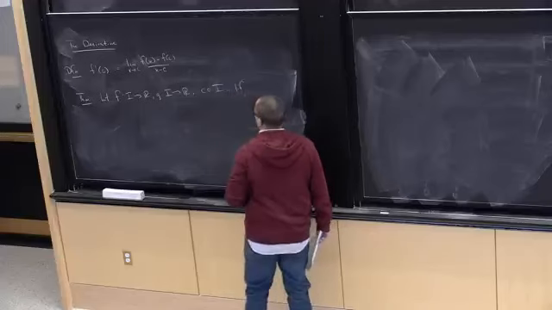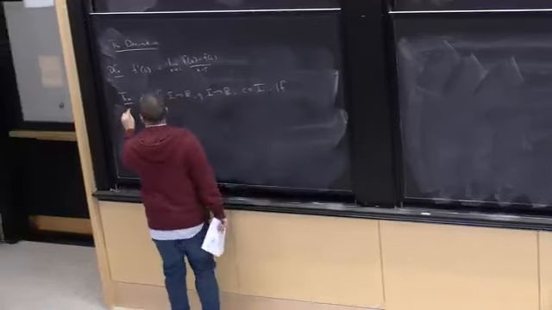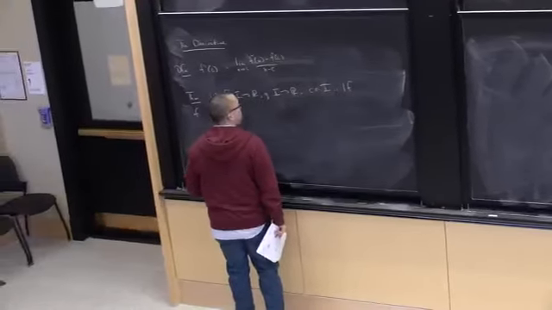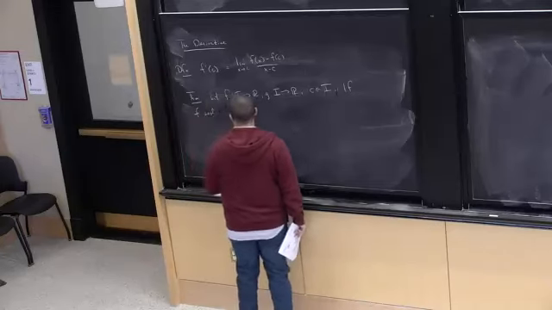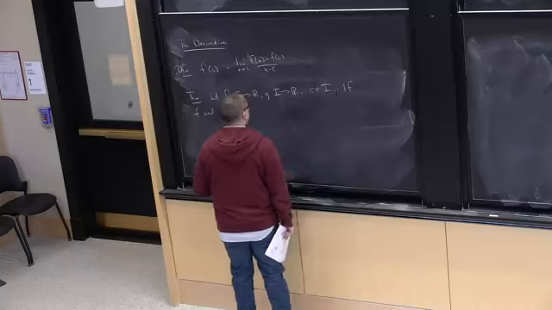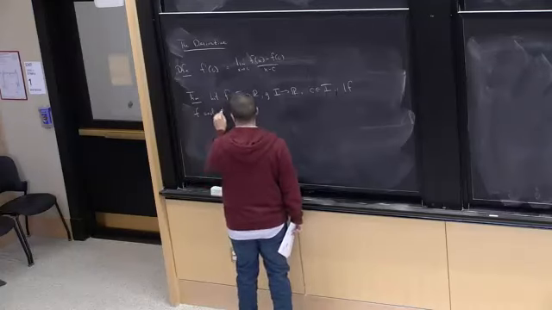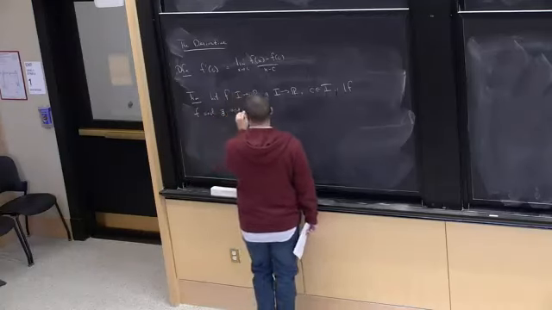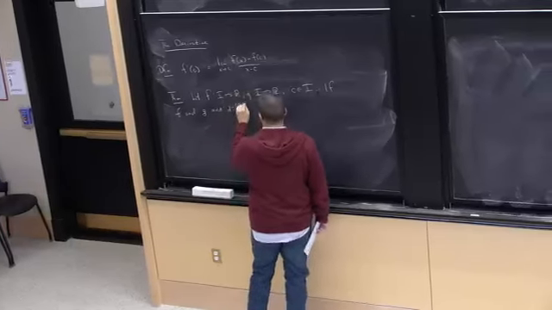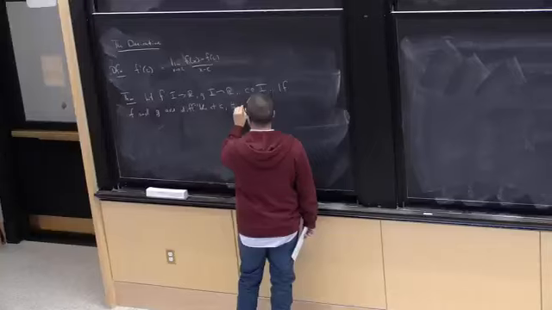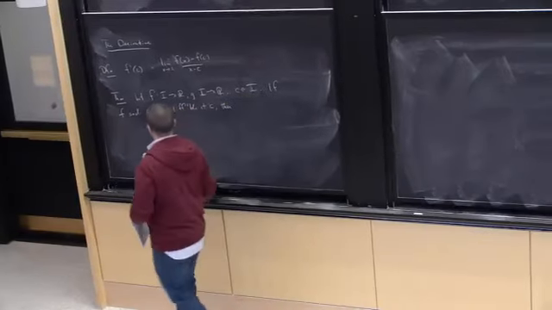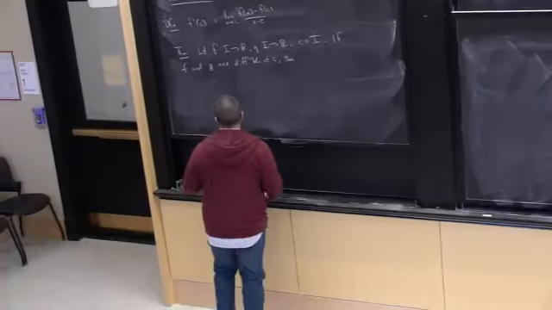Then I have two functions, f and g, from I to R. C is a point in I. And the conclusion is if f and g are differentiable at C, then we have several rules that we can apply.